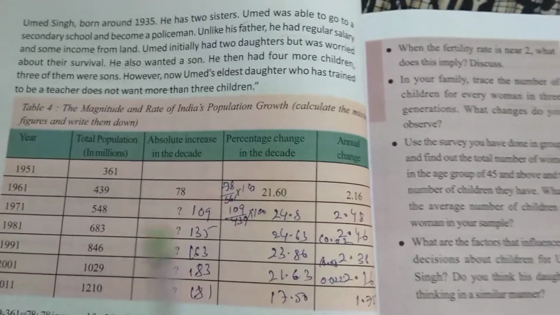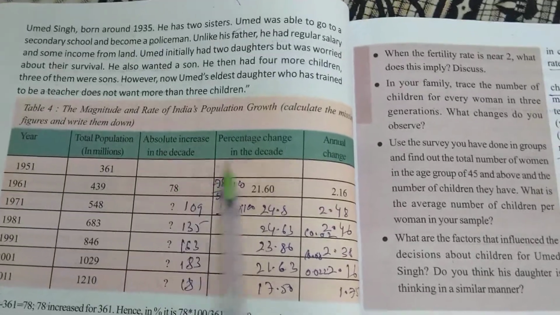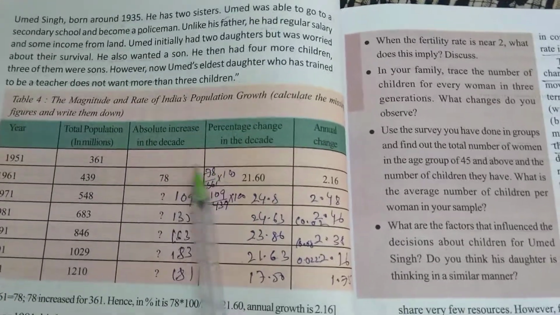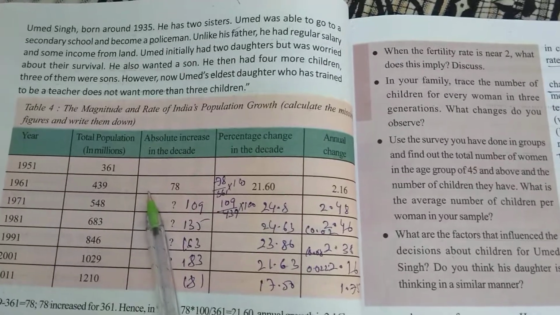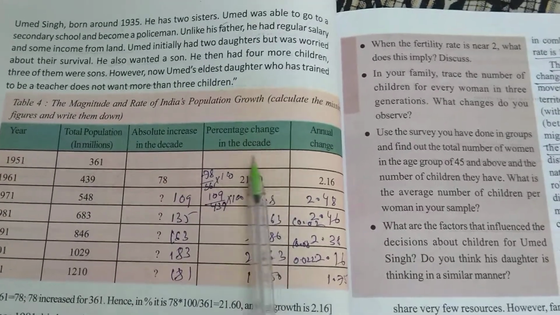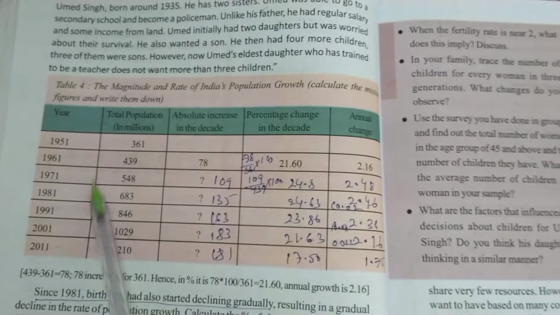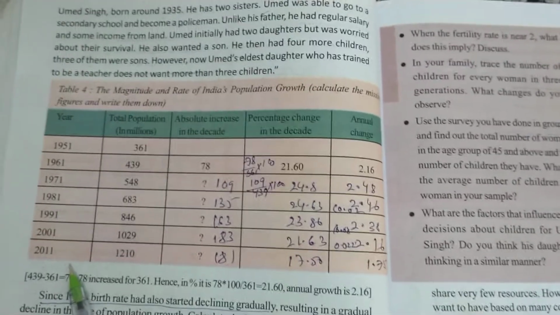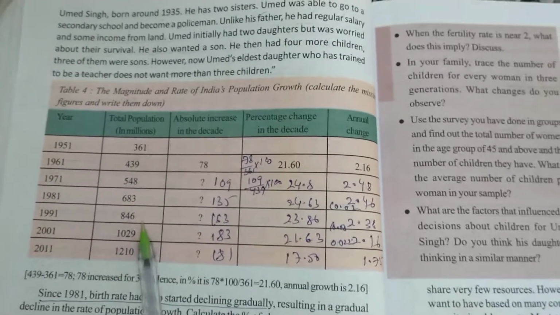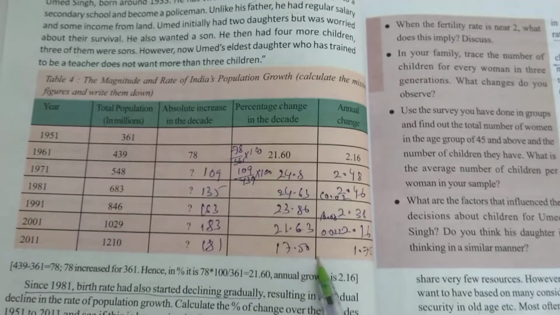The table gives the total population, the absolute increase in the decade, sorry, 10 years, and the percentage change in the decade and the annual change. When you compare 1951 to 2011, actually the total strength is increasing but the rate is decreasing.